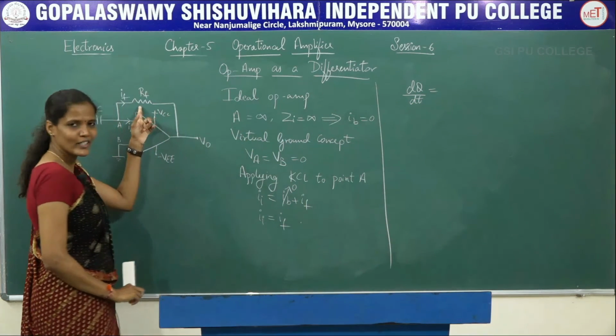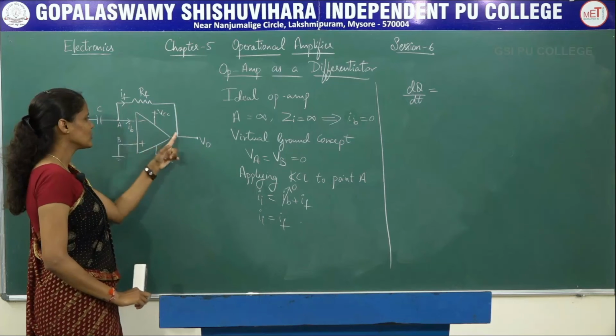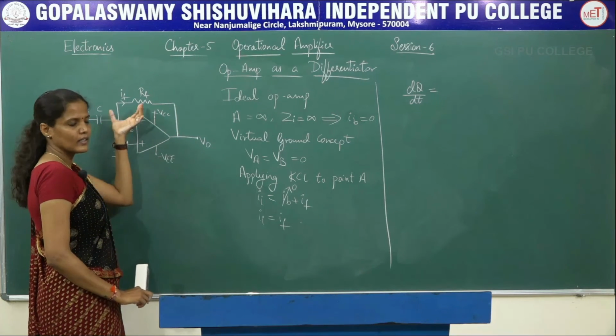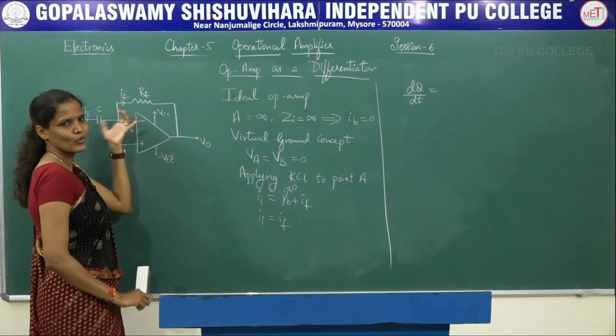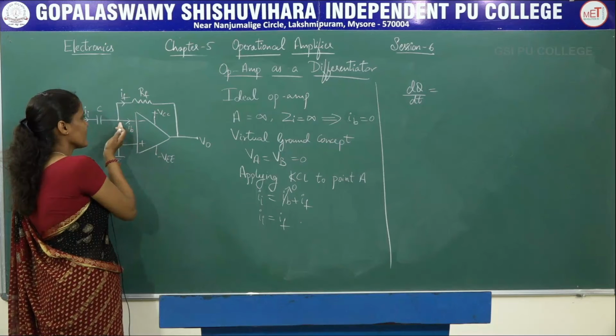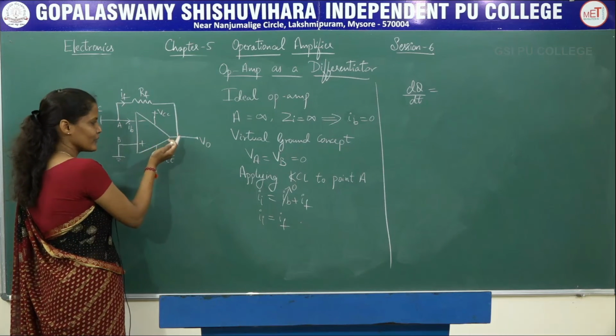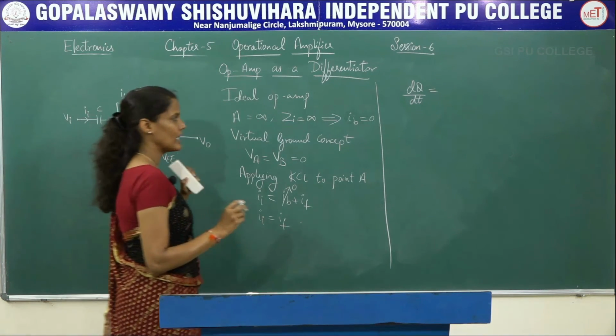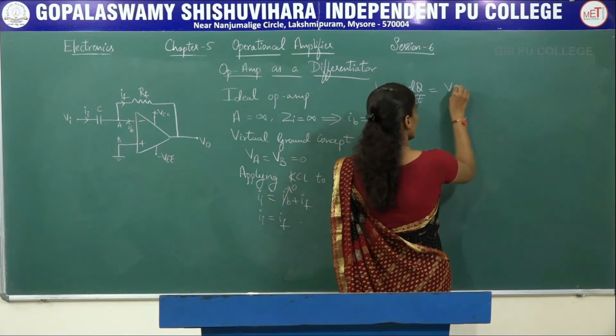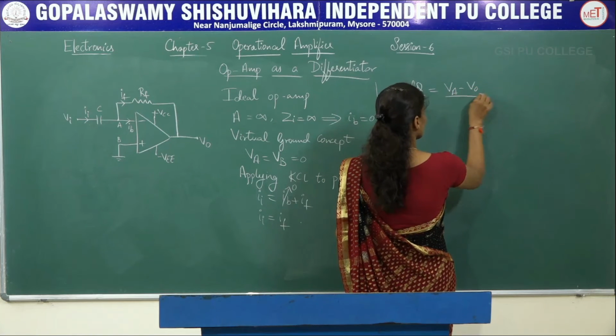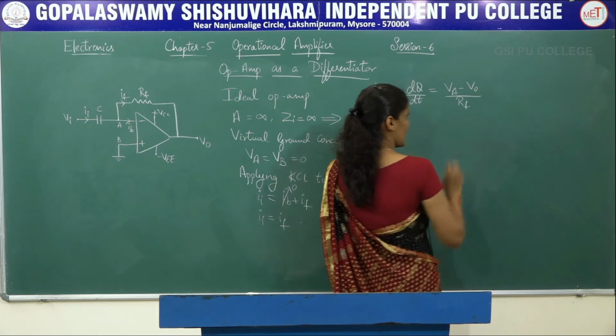Since that is flowing through the resistor Rf, I have to write the If in terms of voltage and resistors, that is VA minus V0 divided by Rf.